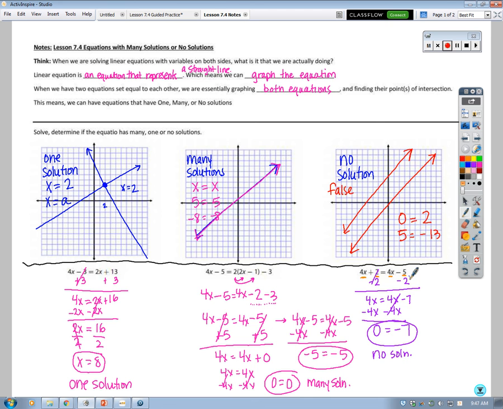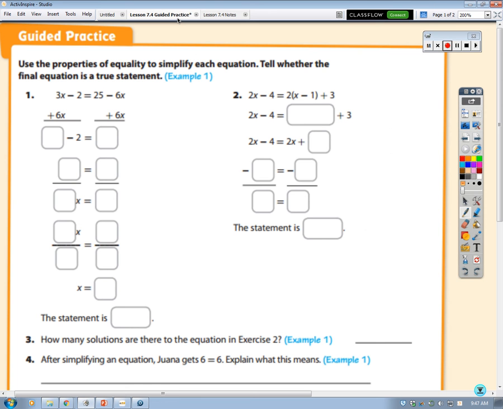So if we jump back to our guided practice, we're going to use the properties of equality to simplify each equation and tell whether the final equation is a true statement. Remember, you can have a true statement that has one solution, and that's going to look something like x equals a, where x equals any number.